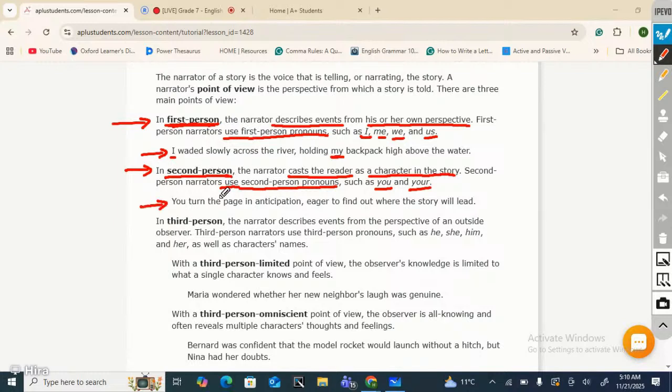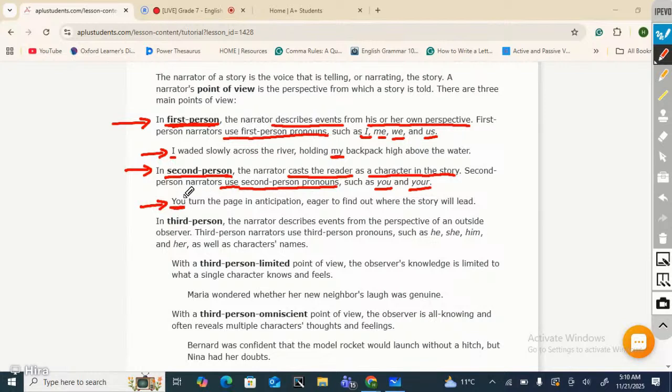Let's read this sentence. You turn the page in anticipation, eager to find out where the story will lead. The second person point of view makes the reader a character in the story, and it uses second person pronouns such as you and your. And see, this sentence uses the second person pronoun you.